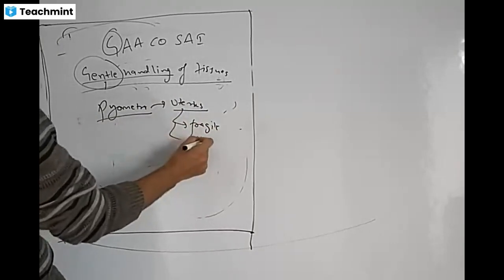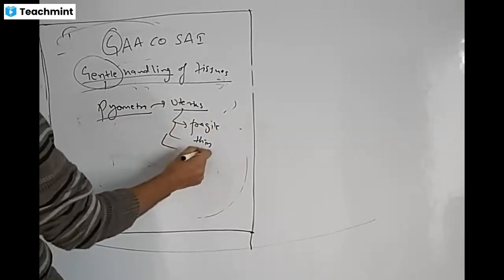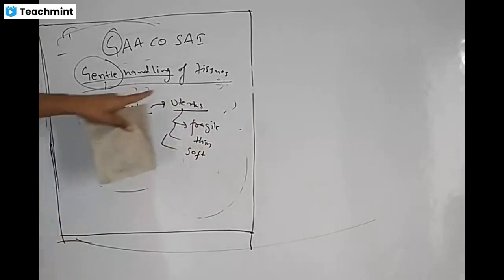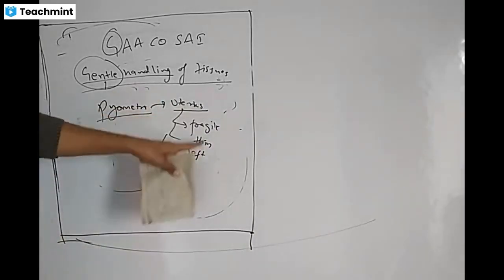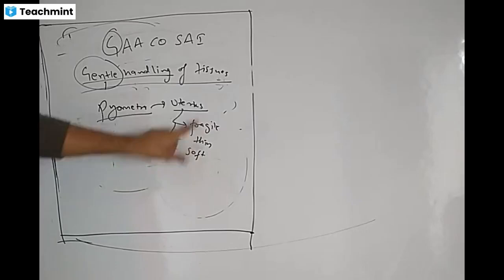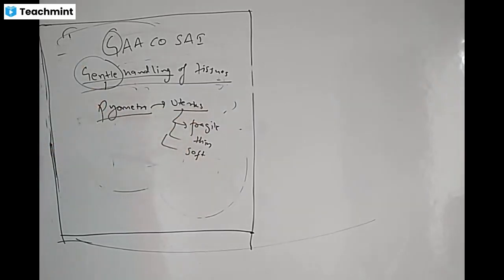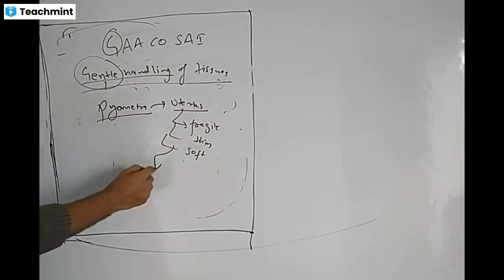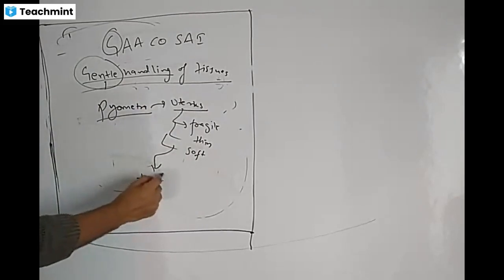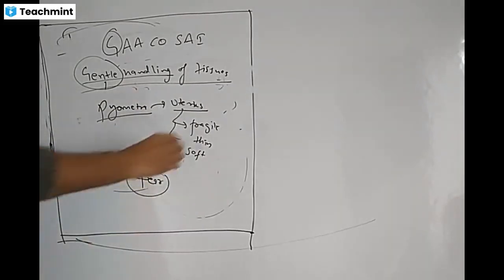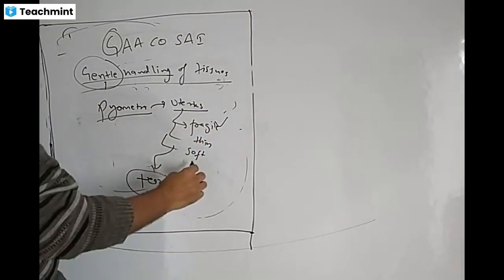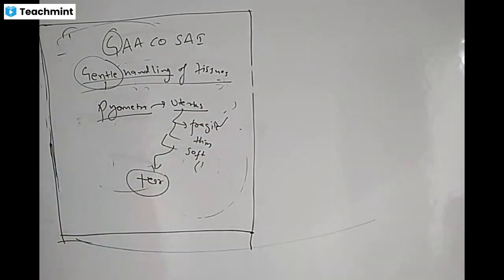It becomes thin, becomes soft. If you handle this fragile, thin or soft uterus roughly, then what will happen? It will tear. Either the wall of the uterus will tear or the blood supply to the uterus will tear.